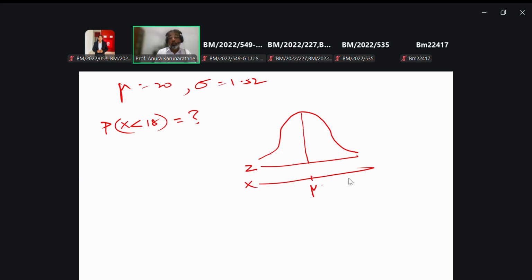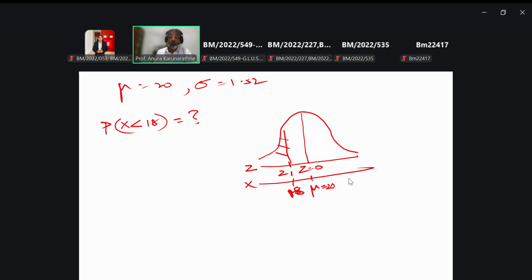This is 20 weeks, mu is 20 weeks, Z is 0. So what is the chance of completing this particular activity below 18 weeks, right? This is Z1, right?